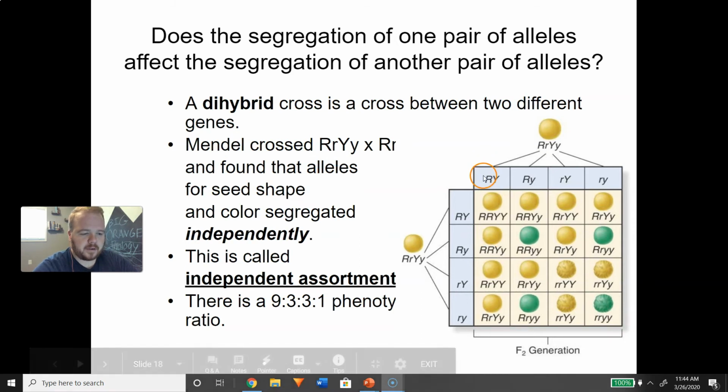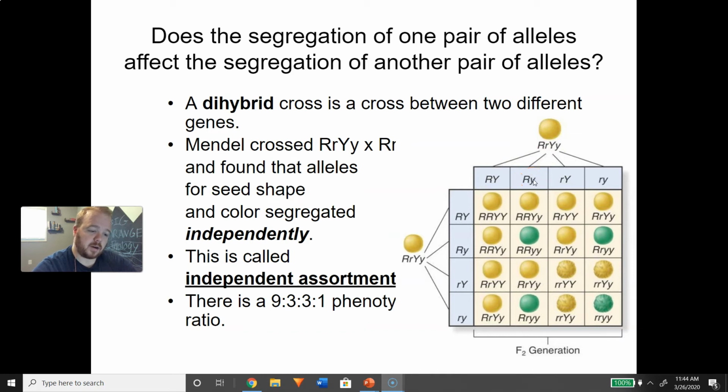And how you make these boxes essentially is you just combine all the possible combinations of gametes. You just figure out all the combinations of big R's and little r's, big Y's and little y's, and all that. And you get this. So for instance, this individual here, big R, big Y. That's one combination.